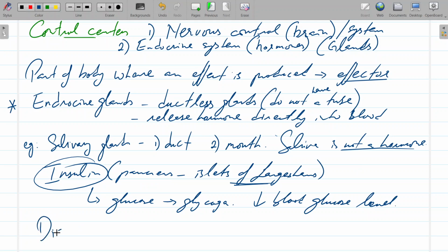So they're not producing enough insulin, or not producing it at all. In that case, they are unable to convert the glucose in the blood to glycogen or to fat. So the blood glucose concentration remains very high, and that has obviously negative effects.